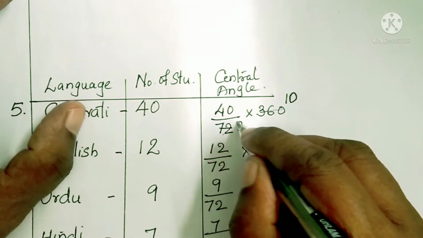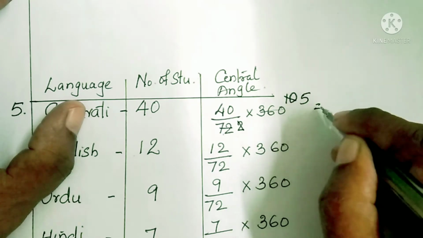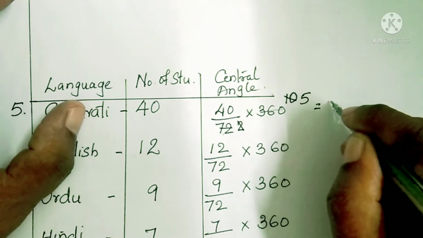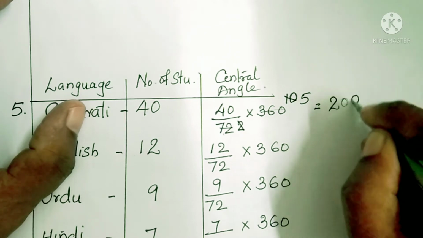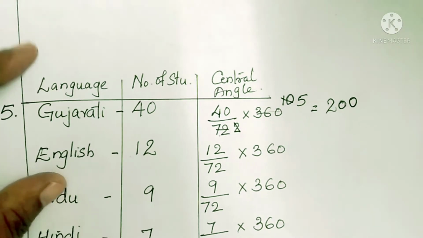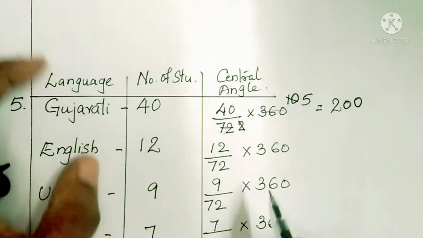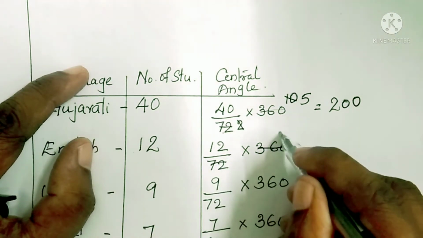And 2 5s are 10. So here 4 5s are 20. So it is 200. The angle is 200. The next one, here you see children, 72 5s are 360.